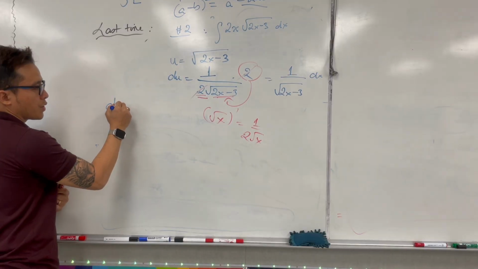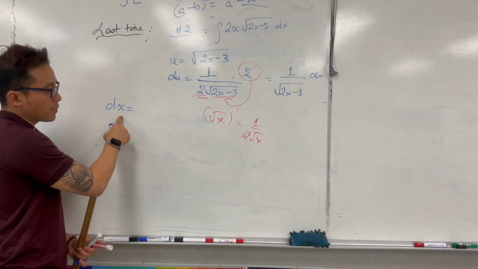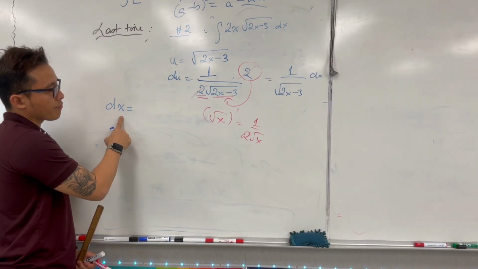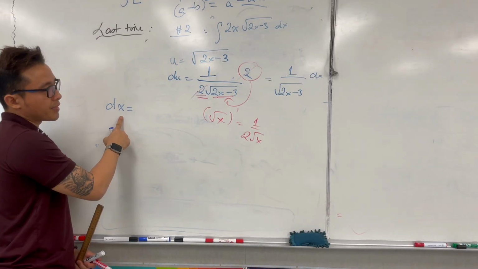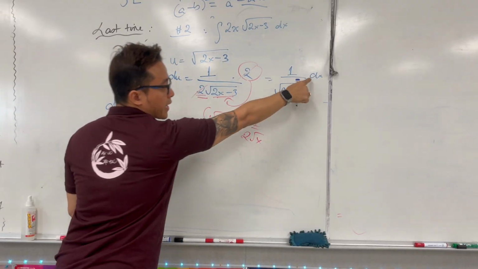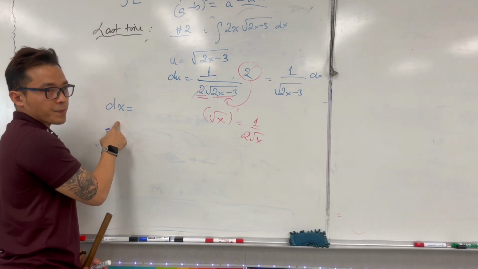That means dx equal to? So du equals dx divided by this. Just isolate the dx.